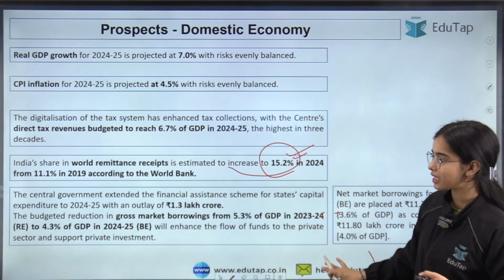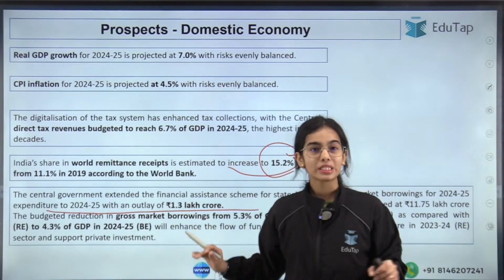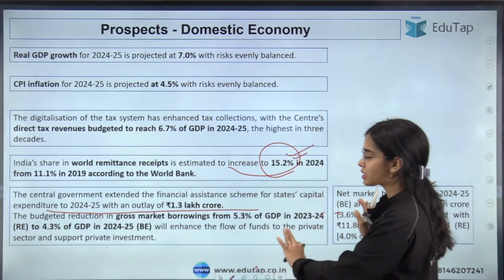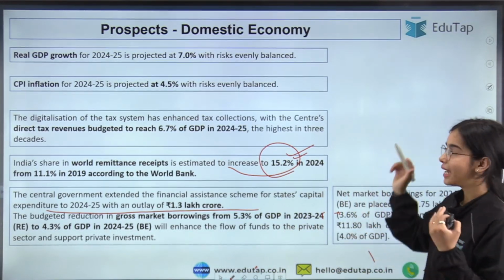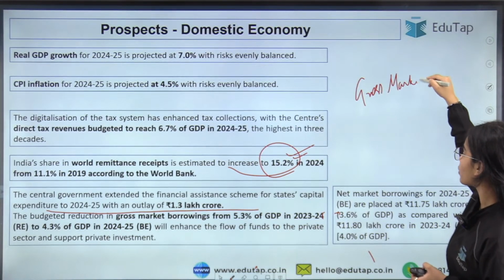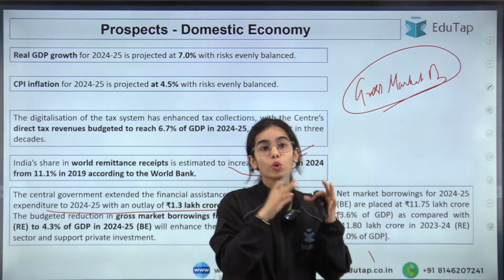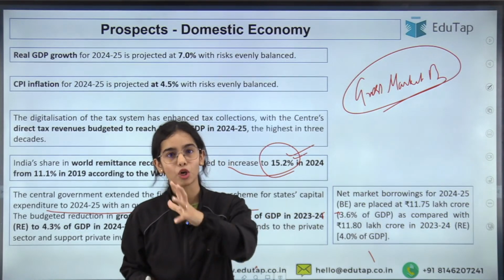So here all the data points are important till here. The gross market borrowings, the net market borrowings. This is not a data point that you need to remember. Here just the difference between the gross market borrowings and the net market borrowings is important. As I've told you in the complete session, gross market borrowings means the total borrowing that has happened in 1 year by the government.